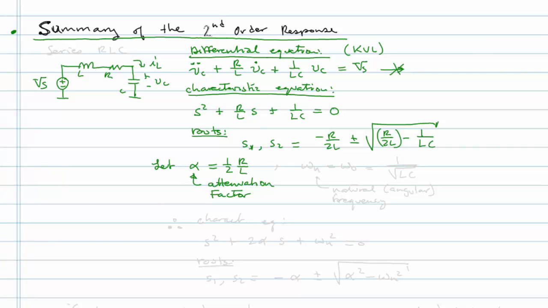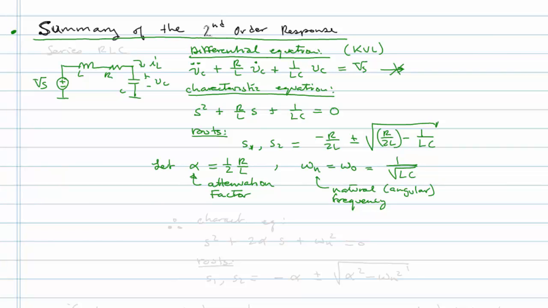We also defined omega n, which stands for natural frequency. Of course, this is angular frequency. It's also referred to as omega naught, which is what the book uses. So omega n and omega naught are the same quantity.